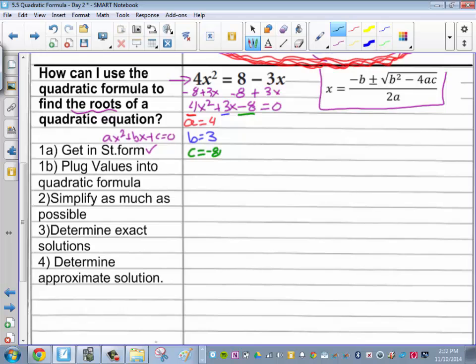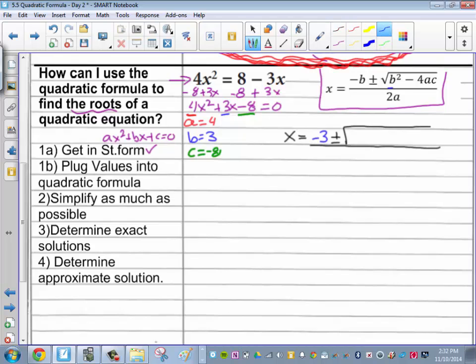Shouldn't be too bad, right? So we got x equal to, we'll put a nice big line. First off, we start with a negative b, so I'll put a negative 3 here, and then it's plus or minus this big crazy square root. Then we're squaring the b.